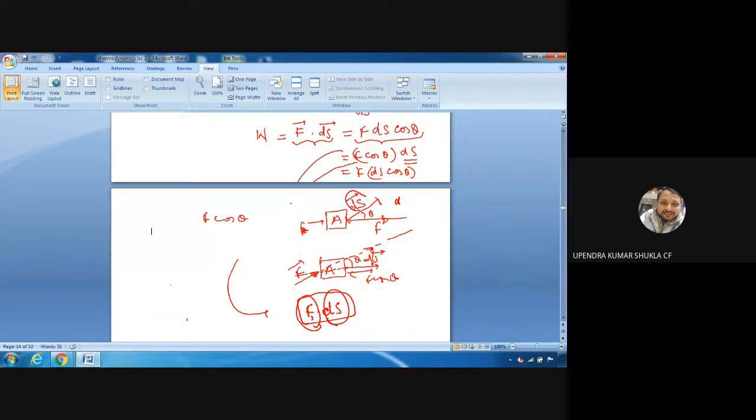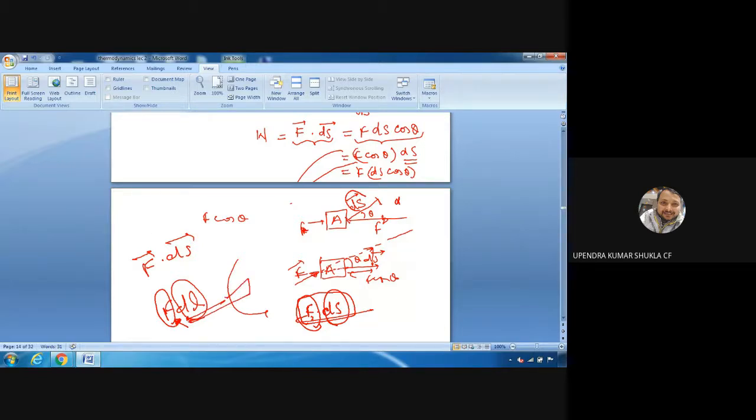So better to write it with the dot product. Some books write F dot ds or F dl. Don't confuse, dl would be the displacement. This is the component of force, not the force, in the direction of displacement.